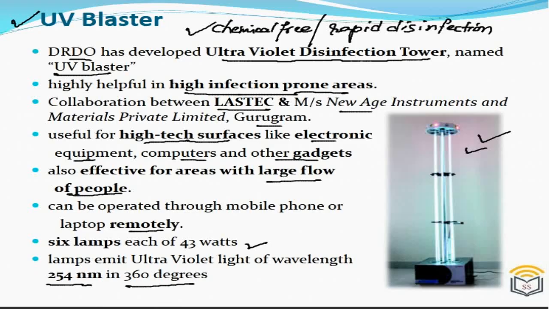That means it is capable of disinfecting the whole surrounding space easily and rapidly, and the device is also capable of operating in manual mode. For a 12 by 12 square feet room, this UV blaster will take around 10 minutes to clean the whole room.